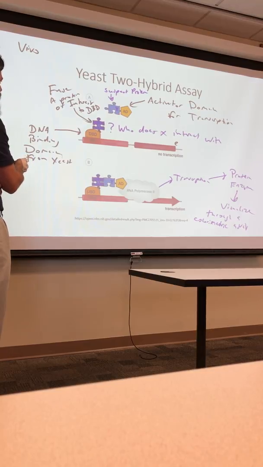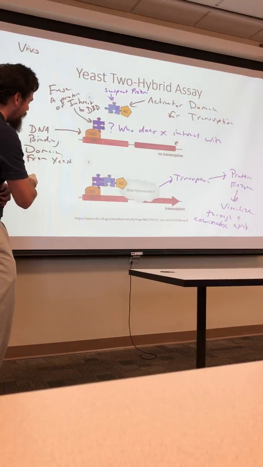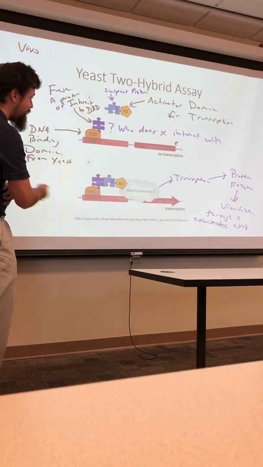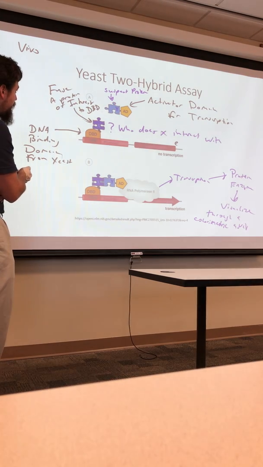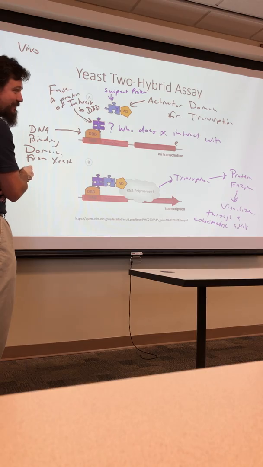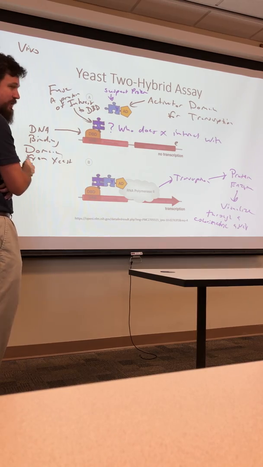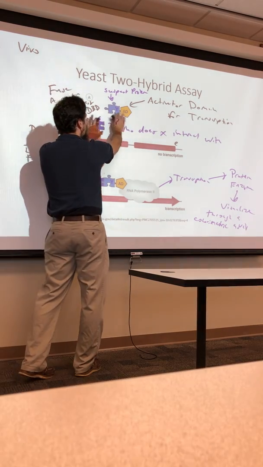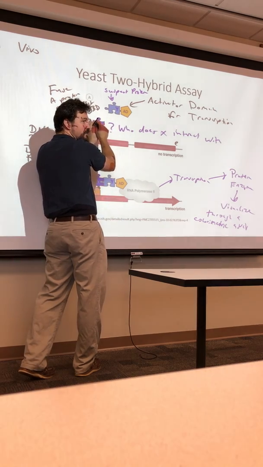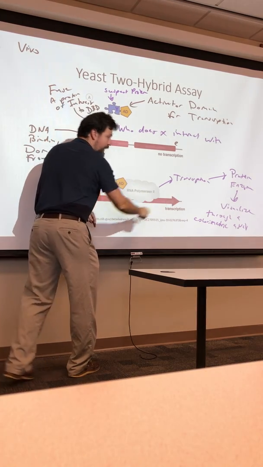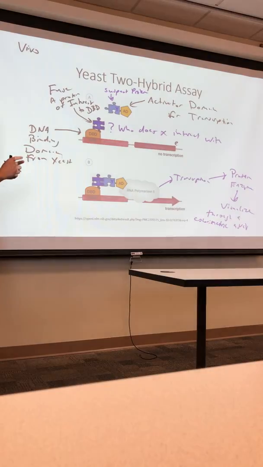If the prey comes into the bait, we activate transcription. If the bait doesn't bring in that prey, we don't get any transcription, so we would say no interaction between those two proteins. If we do see the response, we would say they form an interactome, an interaction with each other.